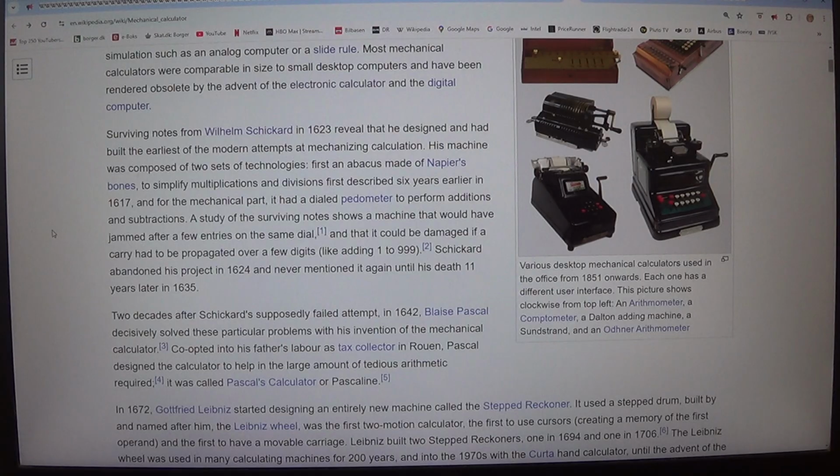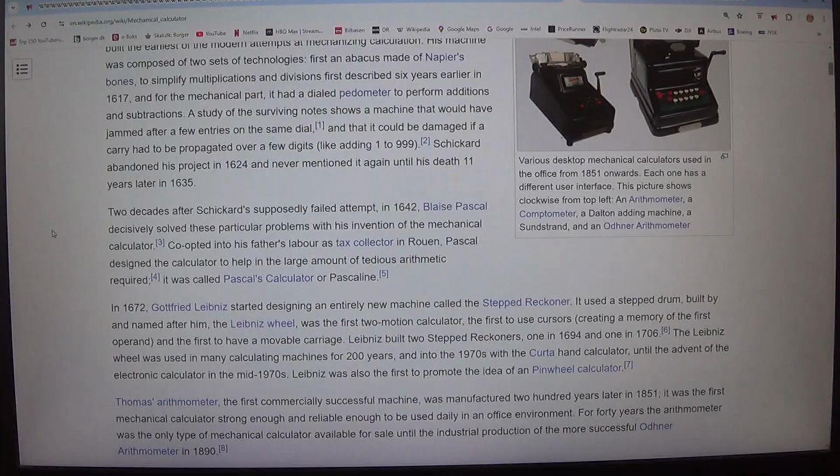A study of the surviving notes shows a machine that would have jammed after a few entries on the same dial, and that it could be damaged if a carry had to be propagated over a few digits, like adding 1 to 999.